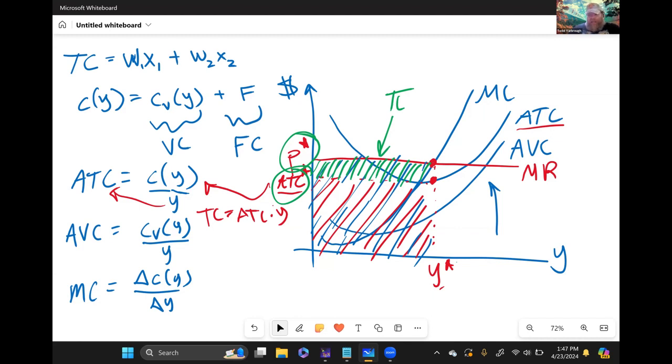Now, what that means and implies, very importantly for us, is that the marginal cost curve ends up taking on particular significance. So I'm just going to highlight the marginal cost curve here. In essence, because the marginal cost curve ends up being the curve where we determine profit maximizing output relative to a particular market price, then that implies that the marginal cost curve is, in fact, the firm's supply curve.